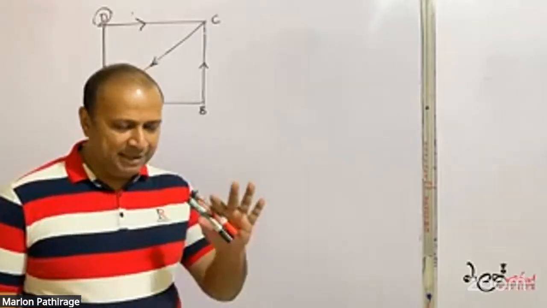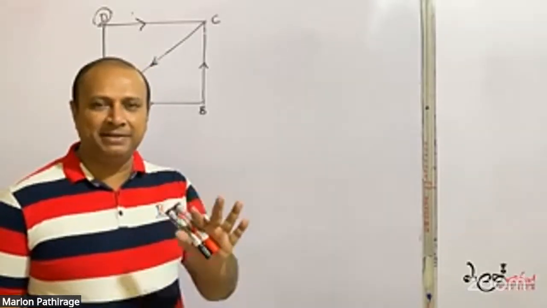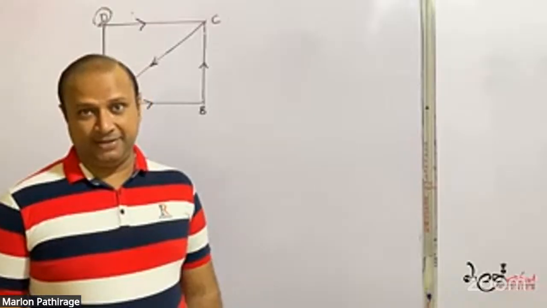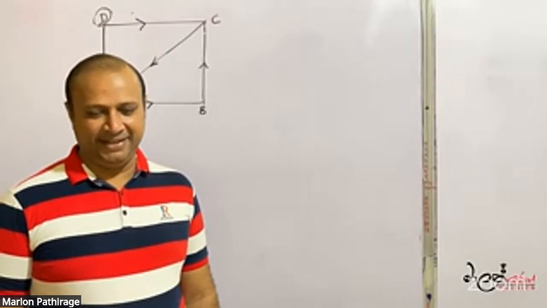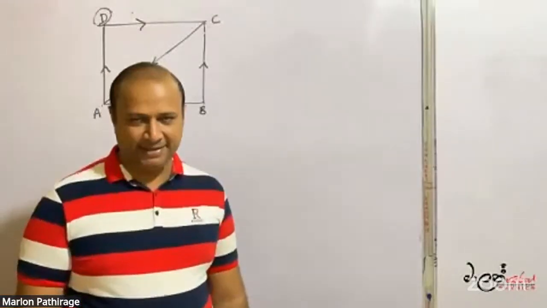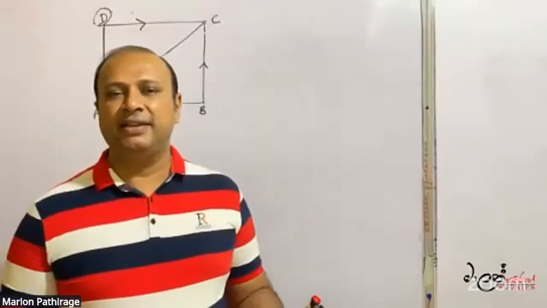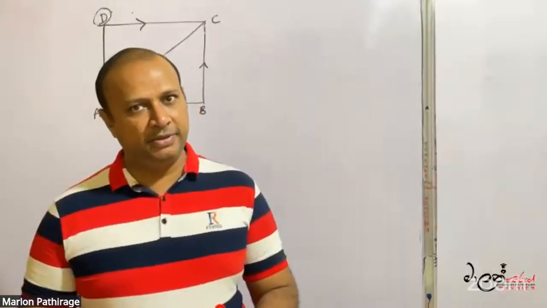But here there are some special steps to take the resultant vector. The first thing you have to consider is whether there is a closed loop or not.